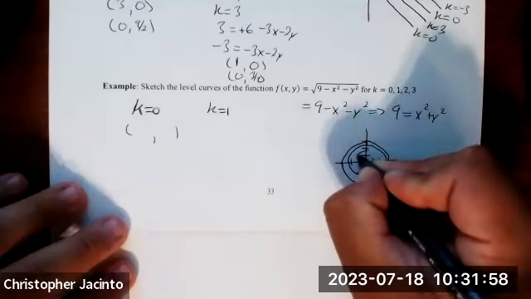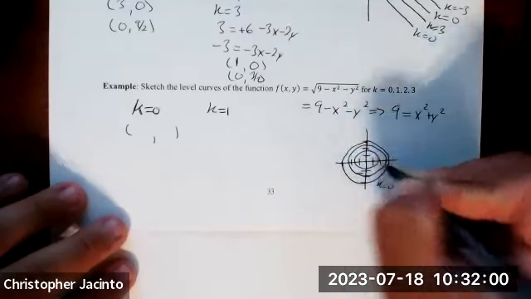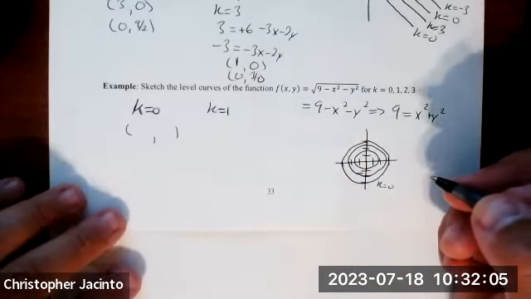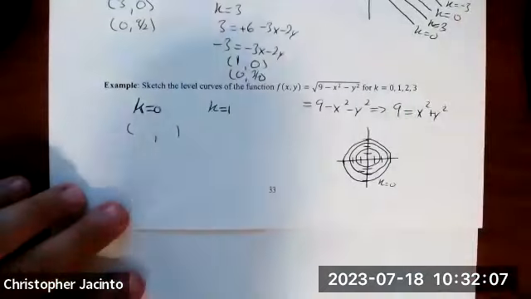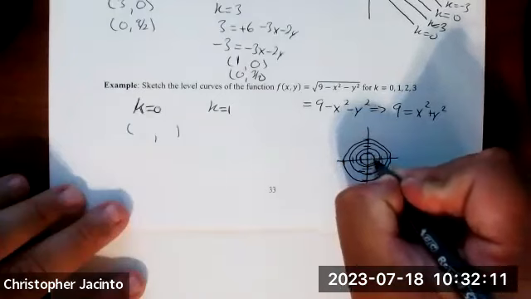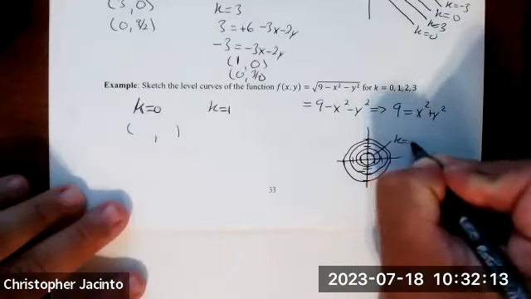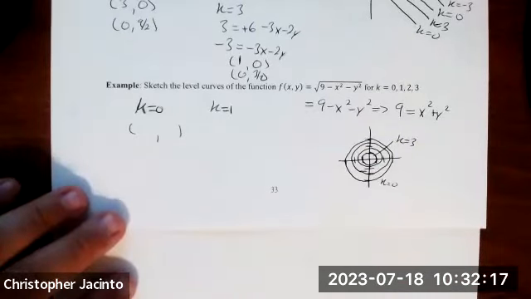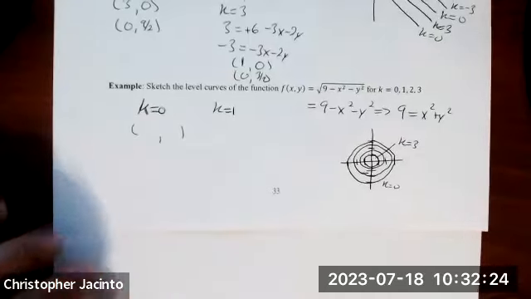And you get closer and closer to the center, which is pretty cool. And the very closest one is when k is equal to 3, because you get 1 itself.